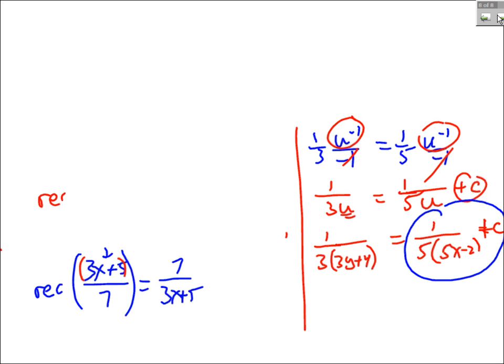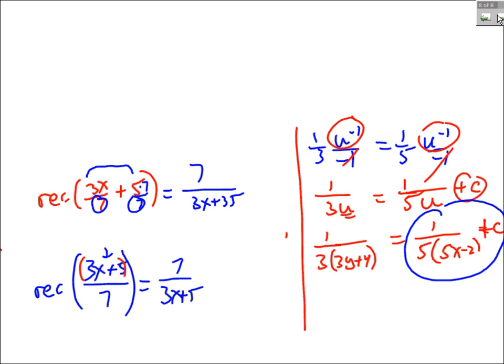But if you wanted to take the reciprocal of 3x over 7 plus 5, first you have to get a common denominator. You'd have to multiply the 5 by 7 over 7. So here the top is 3x plus 35. 7 times 5, 35. Well, that becomes the bottom, and the bottom becomes the top. Okay, so enough for this review.